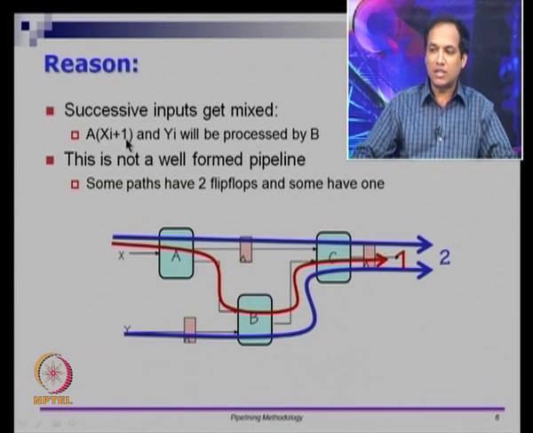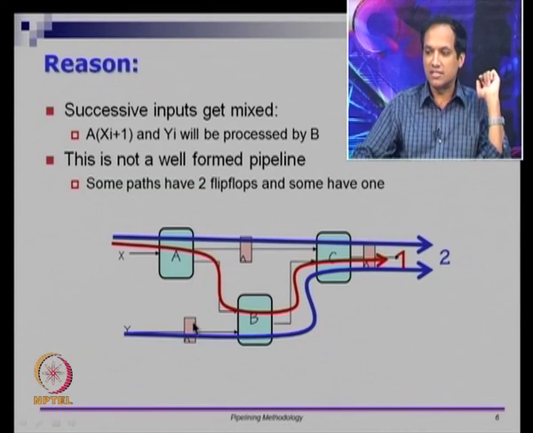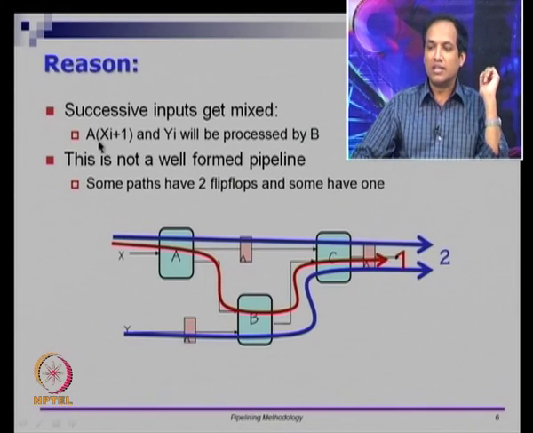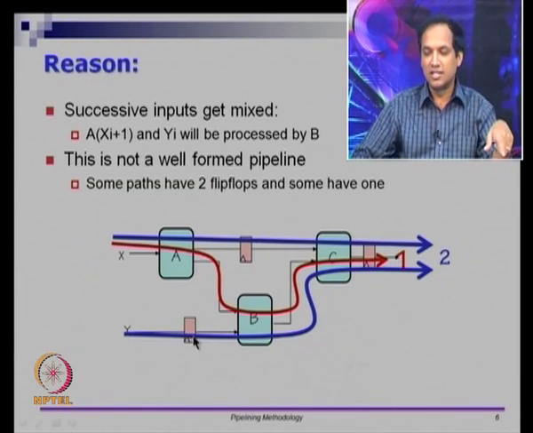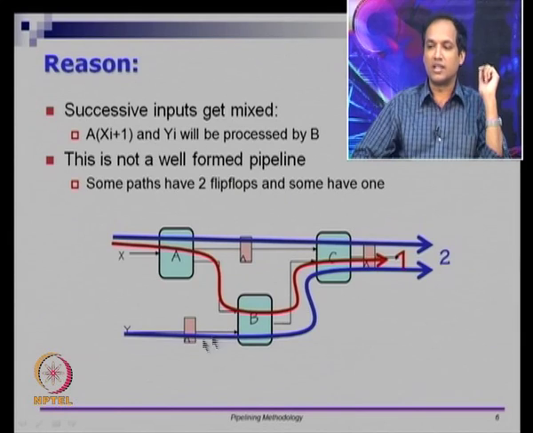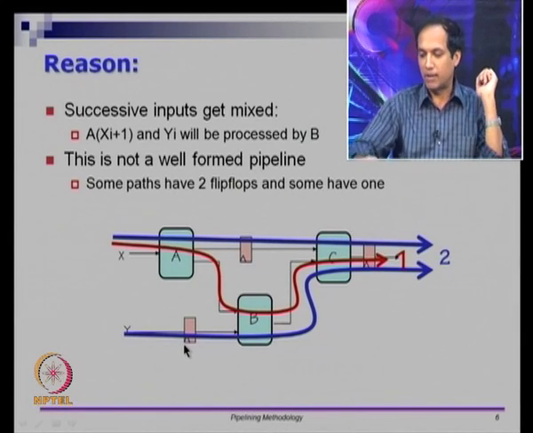So, A of xi plus 1 and B of yi will get processed by B. If you notice this, A of xi plus 1 is the current input, and yi is the previous stage's input which gets registered in this flip flop, and they both get processed at B. So, B is not processing inputs that are coming from the same stage. A of xi plus 1 is the current input, yi was the previous input which got registered here. So, B will process those two together, that is not correct. So, this is not a well formed pipeline.